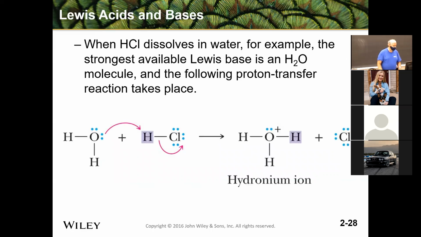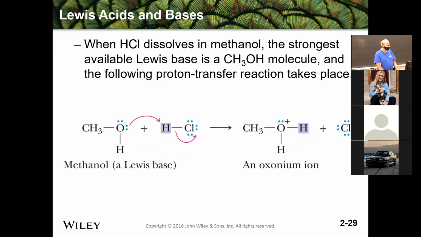So here is the proton accepting a pair of electrons. Oxygen is donating a pair of electrons. Because hydrogen would have too many electrons when it accepts that pair, it has to give up this pair to chlorine. So that makes the chloride negative. Here's a similar example with methanol and HCl.